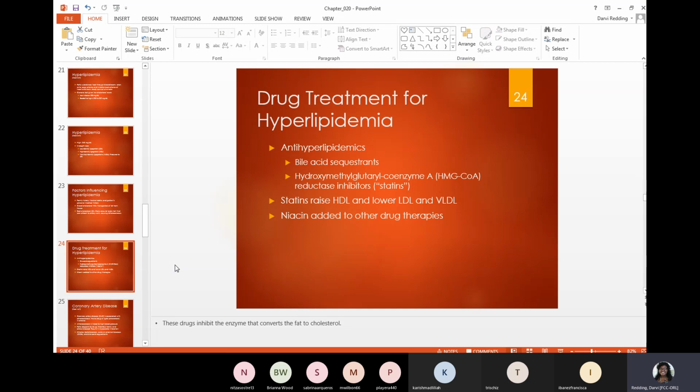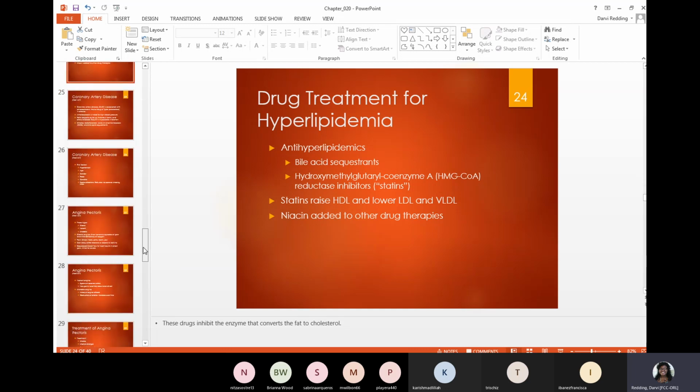So statins raise the high density lipids and also lower the low density lipids in the VLDL. Now, another medicine that could be used in the treatment of hyperlipidemias would be niacin. It's another drug that's added to the therapy, and these drugs work by inhibiting the enzyme that converts the fat into cholesterol.